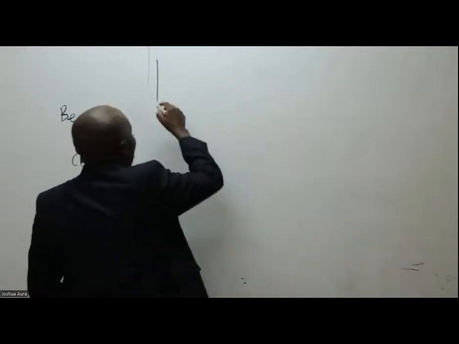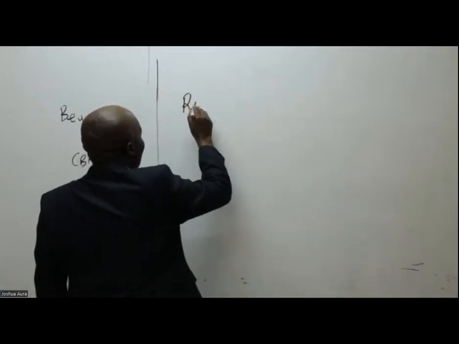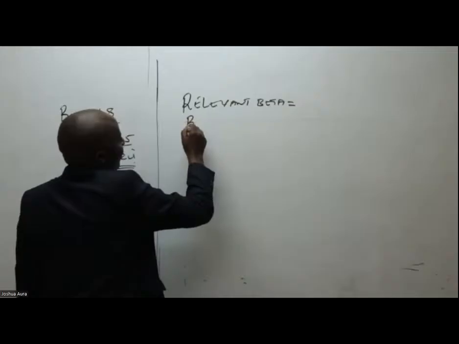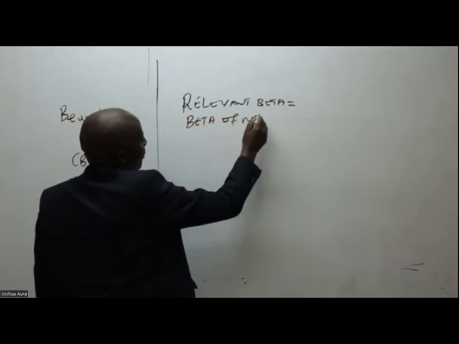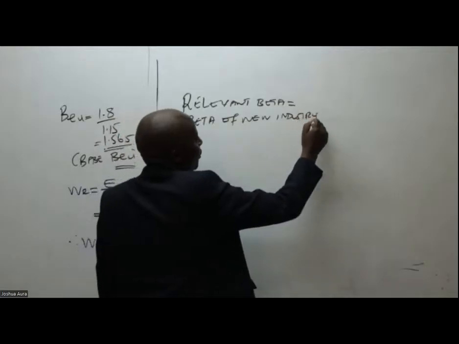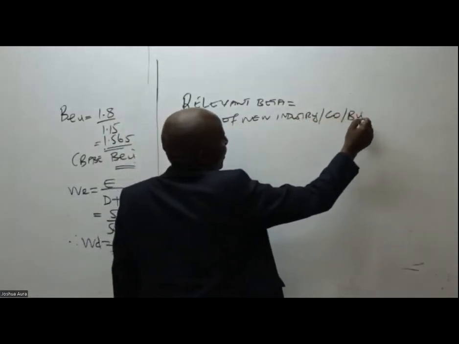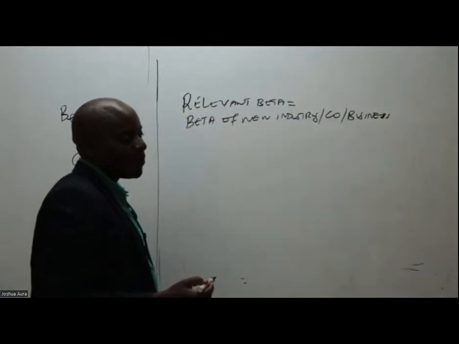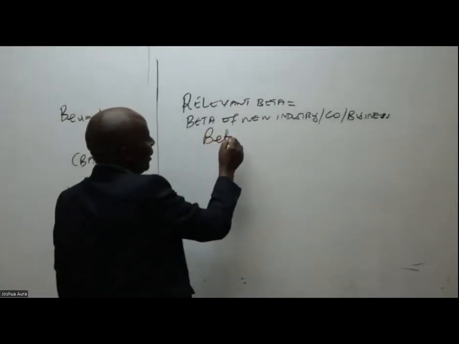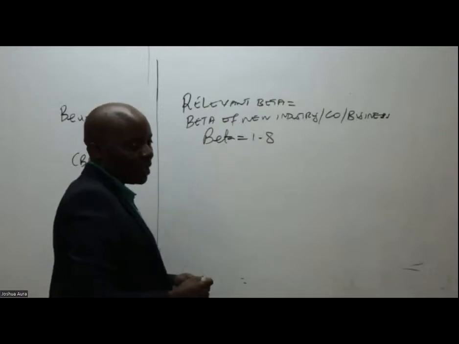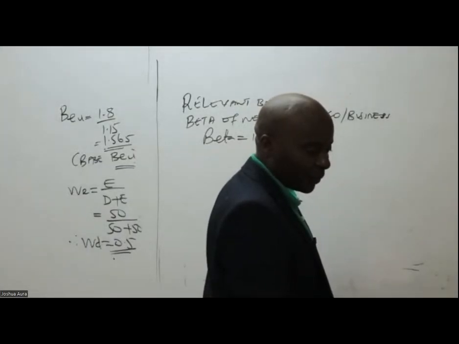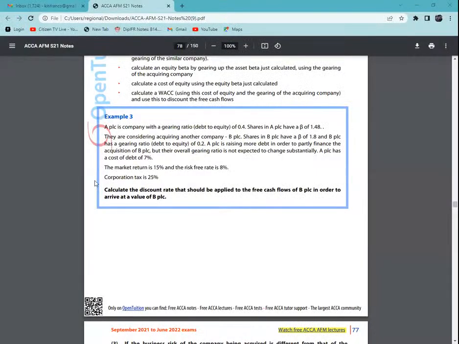The relevant beta is the beta of the new industry, new company, or new business. I start from there. And the beta they have given me is a beta of 1.8 of the new business. Beta of this company is 1.8.